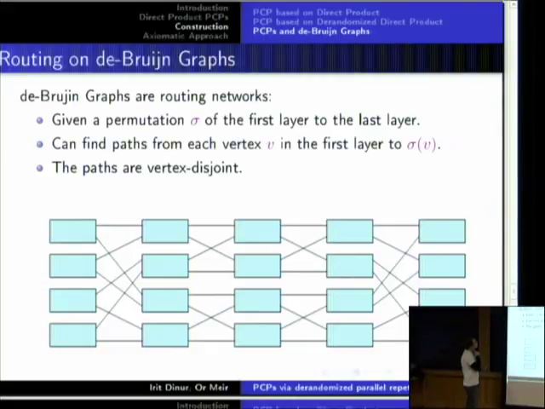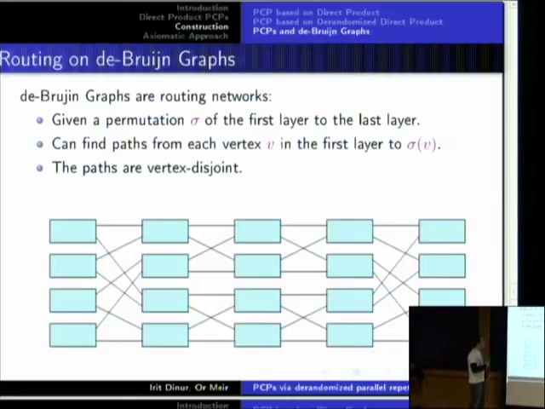Now the crucial property that allows us to embed constraint graphs on de-Bruijn graphs is that de-Bruijn graphs are routing networks. What this means is that if we think of each vertex in the network as a computer and of the edges as wires that connect the computers, so computers that are connected by an edge can communicate with each other.